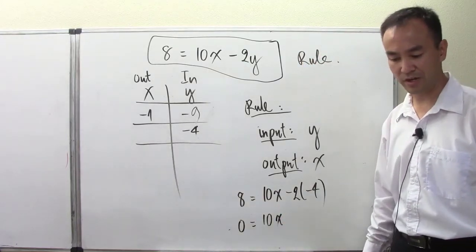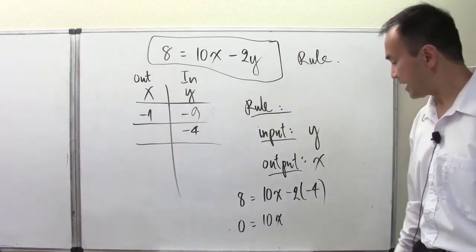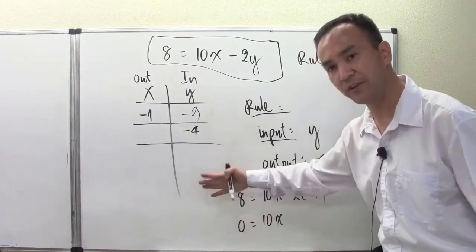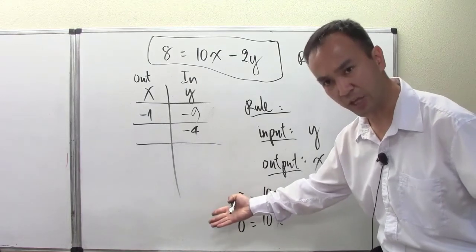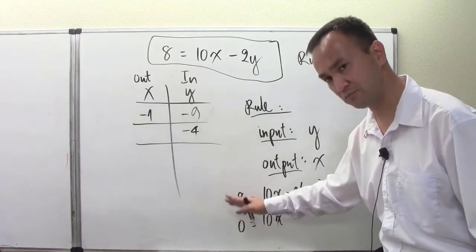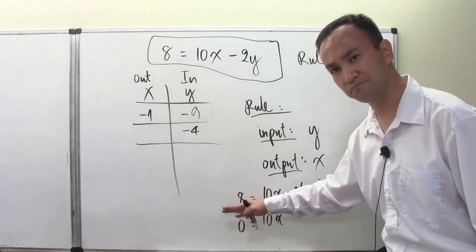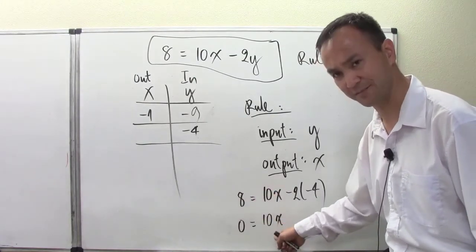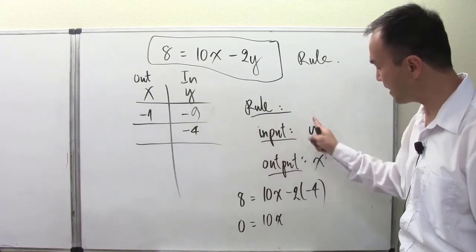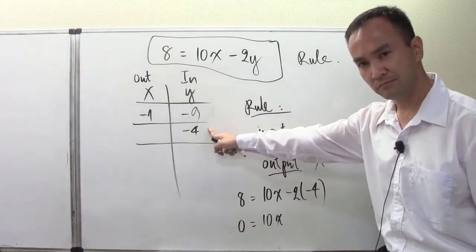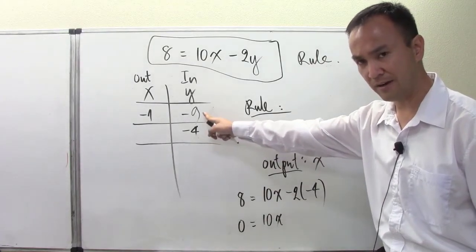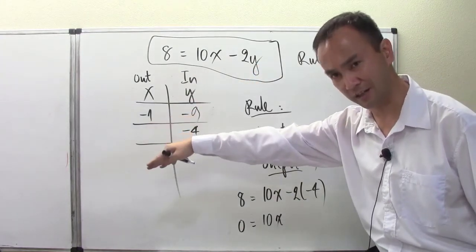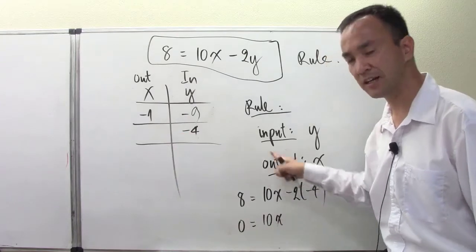Okay? 0 equals 10x. As I said, anyone viewing this video lesson should be at the pre-calculus level, so allow me to skip some of the little detailed steps in solving this equation for x. Because the point now is that we picked y independently, but based on this rule, we want to come out with the x value correspondingly that satisfies this equation.